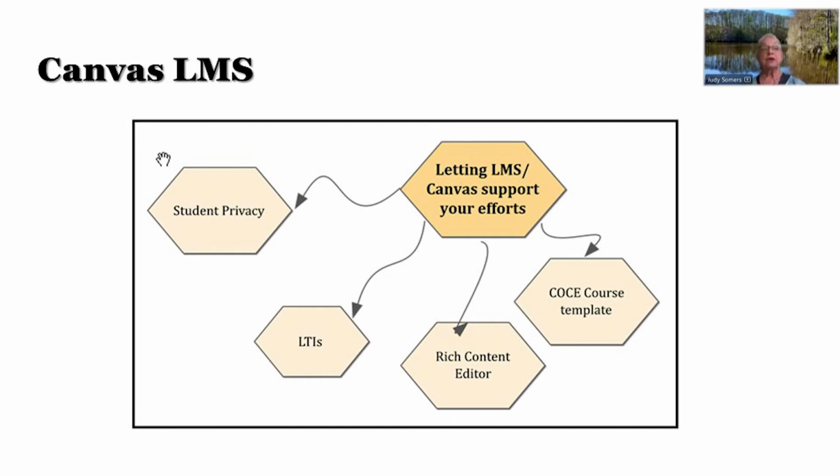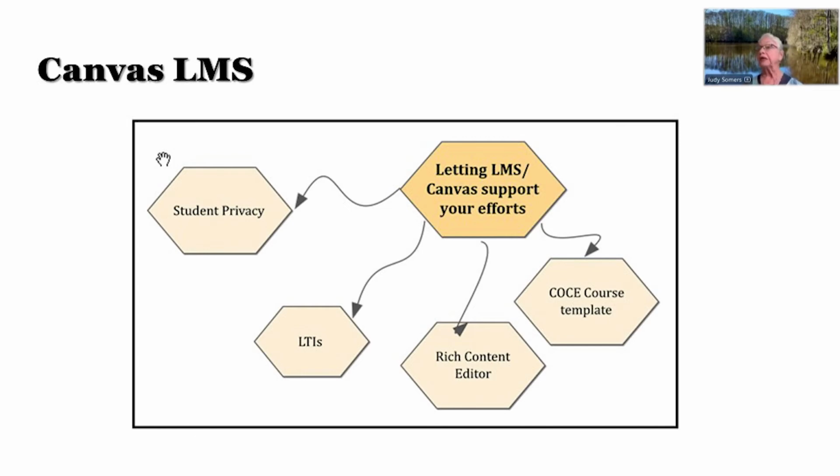One of the items that is extremely important is to be consciously aware of student privacy and how that impacts our students. Within Canvas, their privacy is assured because they have to be registered within the course to be able to get into your Canvas course.